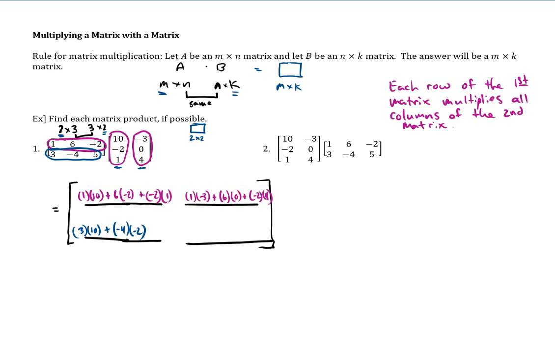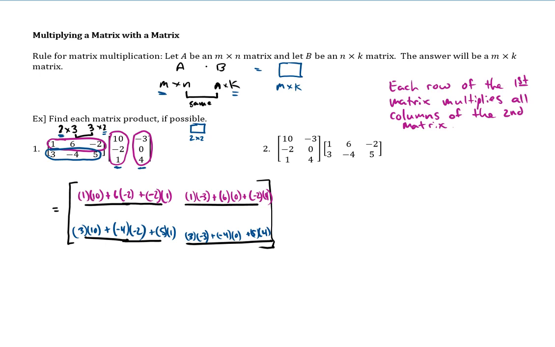Then this 5 will multiply the 1, so plus 5 times 1. Then we'll do the same thing with this last row in the first matrix with the last column in the second matrix. So I have 3 times negative 3, plus negative 4 times 0, and then plus that 5 times 4.